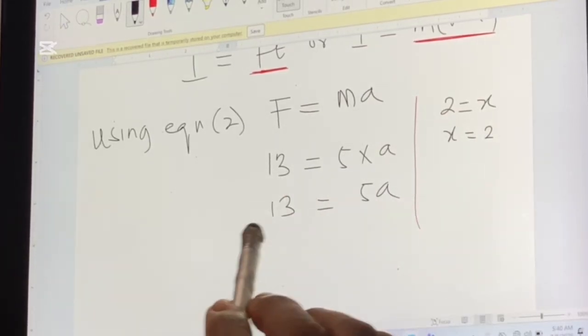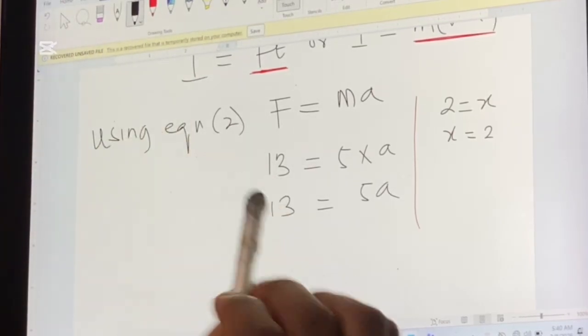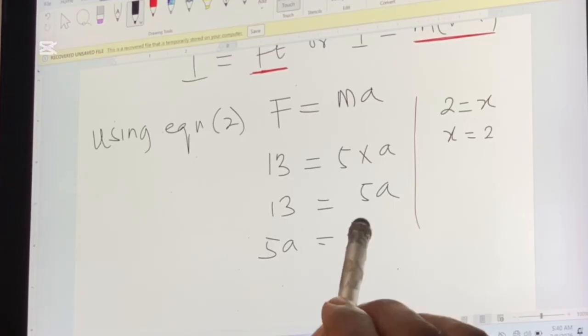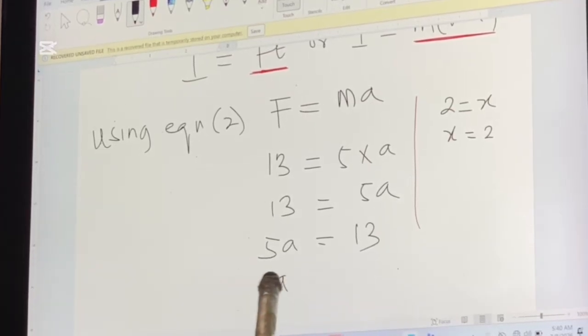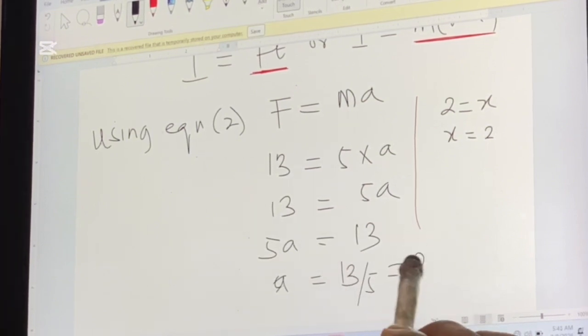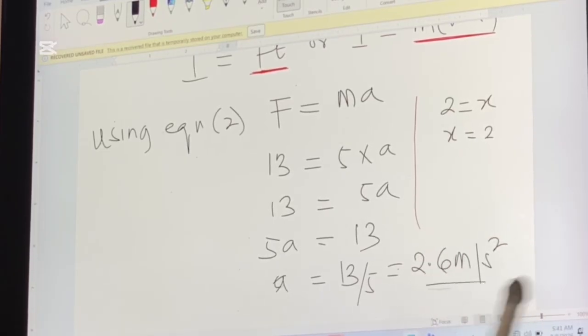Please take note. So this is the same thing as 5a is equal to 13. Let's make a the subject. a will be equal to 13 over 5. So when you punch your calculator, we'll have 2.6 meters per second squared. This is my answer here, okay?